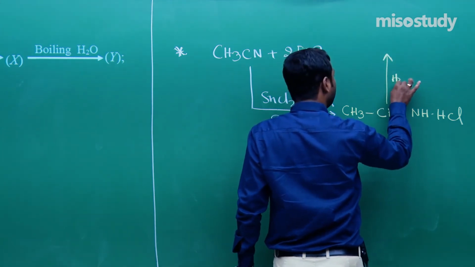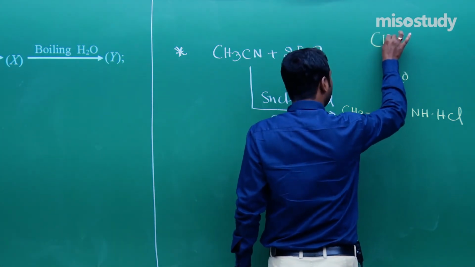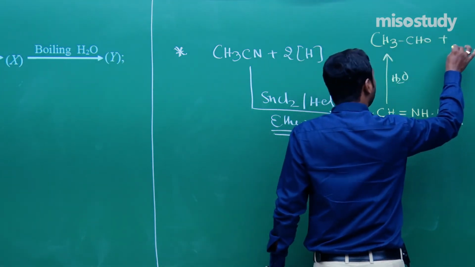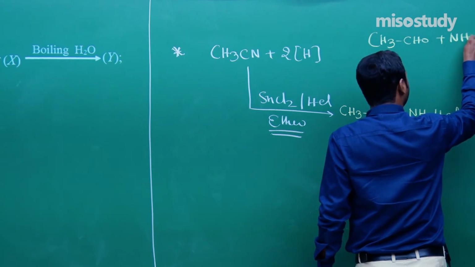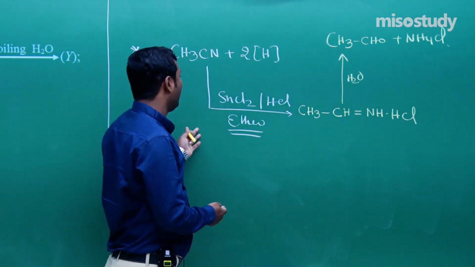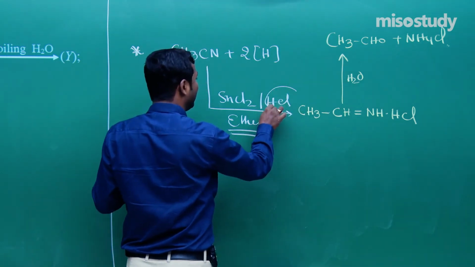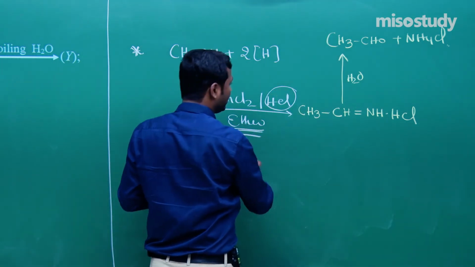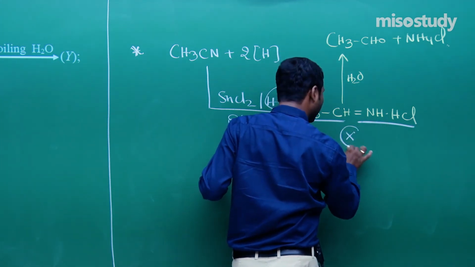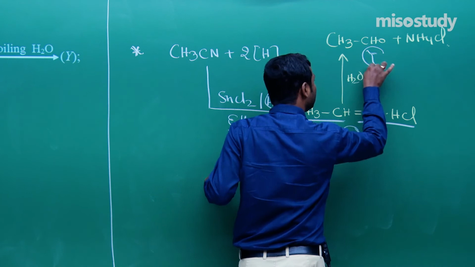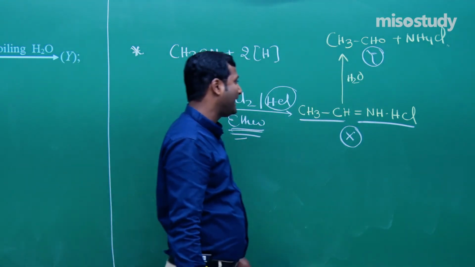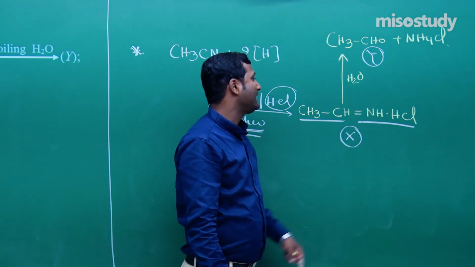Which on boiling with H2O gives CH3CHO plus NH4Cl. Remember this reaction? HCl in the presence of ether gives you the first addition product. This one is X and this one is Y. CH3CH double bond NH into HCl.